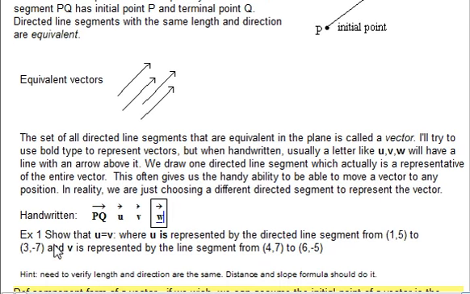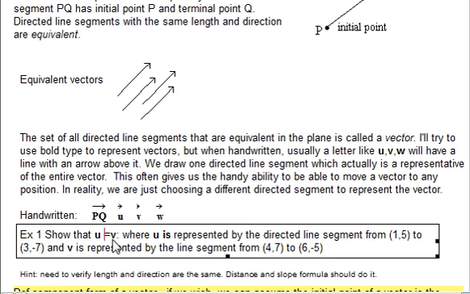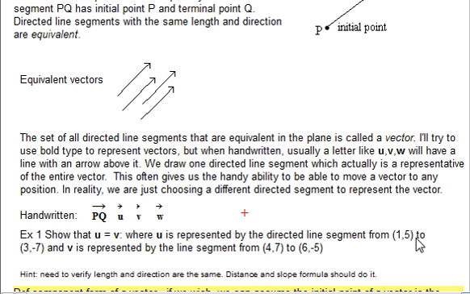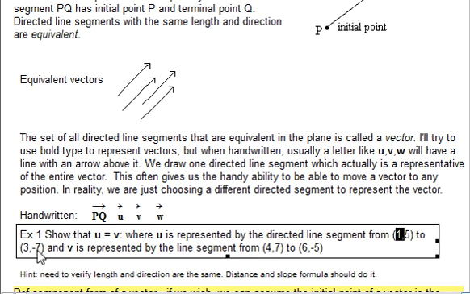So here's a question, an example. We'll do one example before we move on. Show that vector U equals vector V, where U is represented by the directed line segment from (1, 5) to (3, -7). In other words, this is the initial point, this is the terminal point.